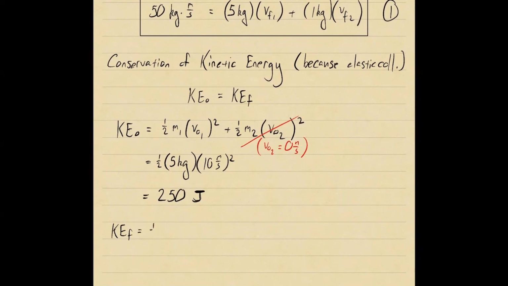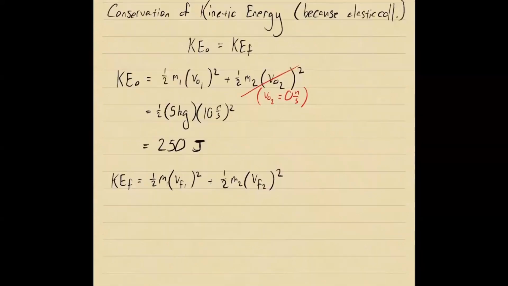So the kinetic energy of our system afterwards is a little bit of a nightmare, right? It's 1/2 m1 v1 final squared plus 1/2 m2 times the final velocity of our second ball. But we don't really know what these are, right?